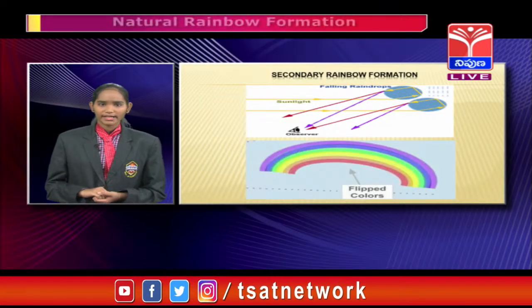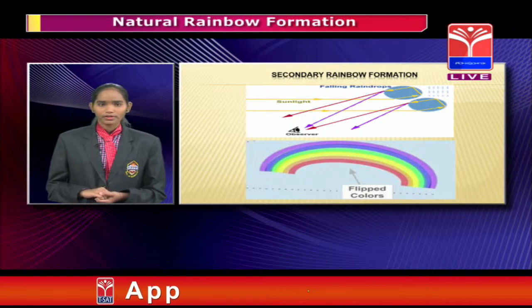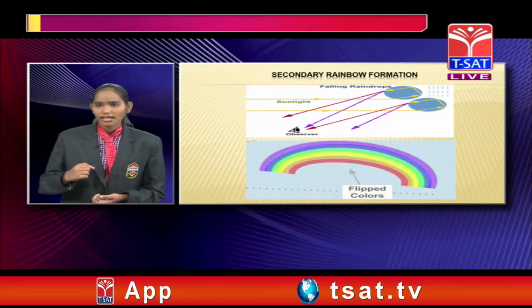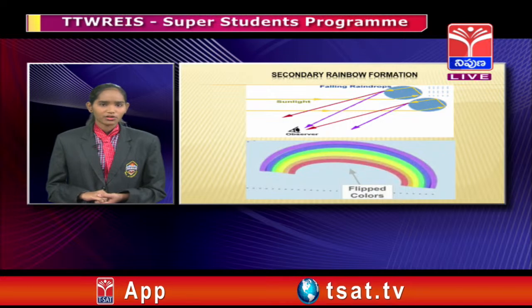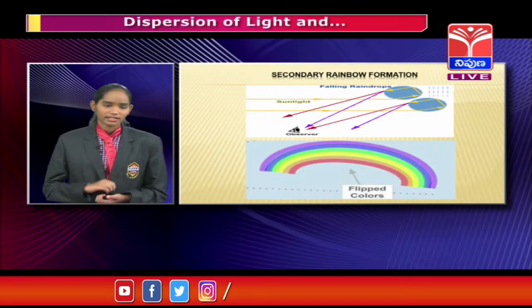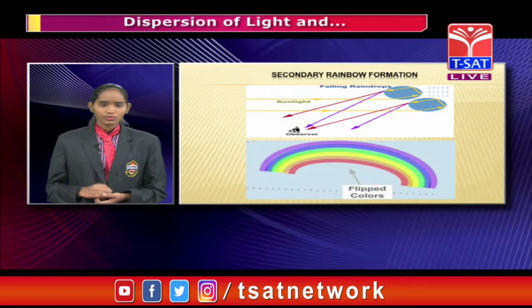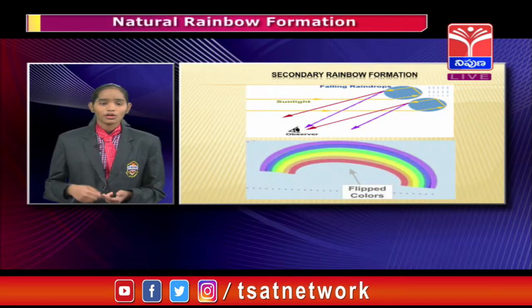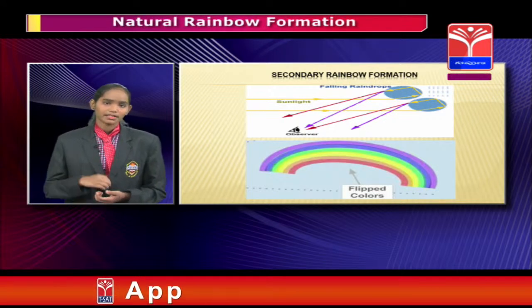The violet light emerges at an angle of 53 degrees and the red light emerges at an angle of 50 degrees. The intensity of light is reduced at the second internal reflection. So, the secondary rainbow has lower brightness than the primary rainbow.